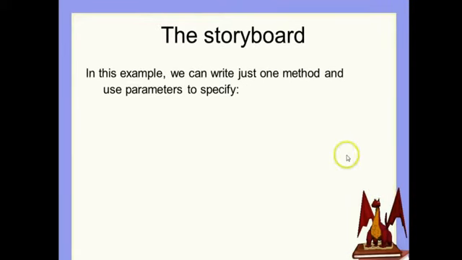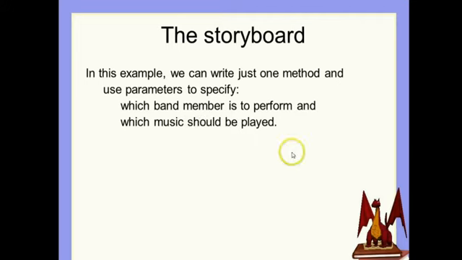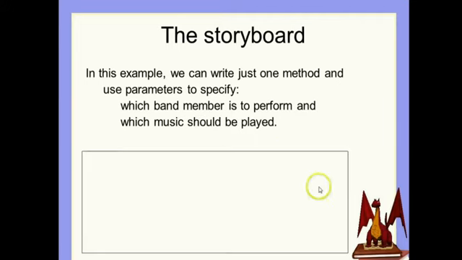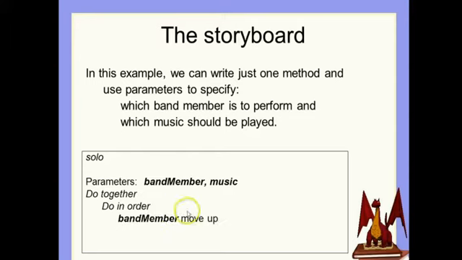So what if we could just write one method, and we could use parameters to specify which band member is to be jumping up and down and which music should be played? What would that look like? Well, we would just call maybe the method solo, and we would list the parameters on top. And the deal is that band member move up and down, and here's the music that gets imported.